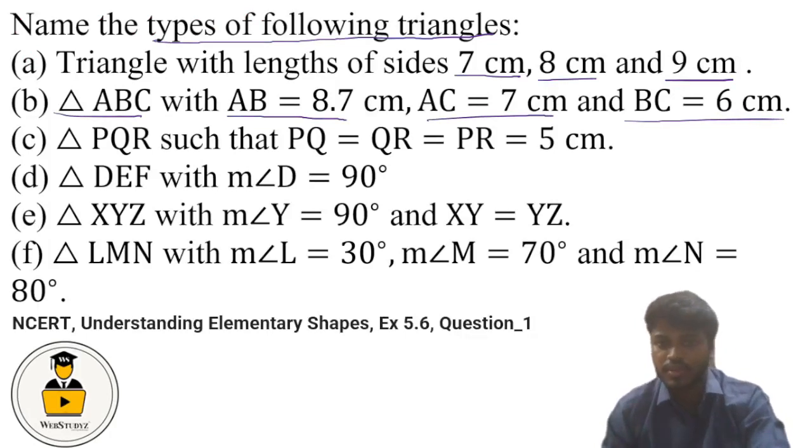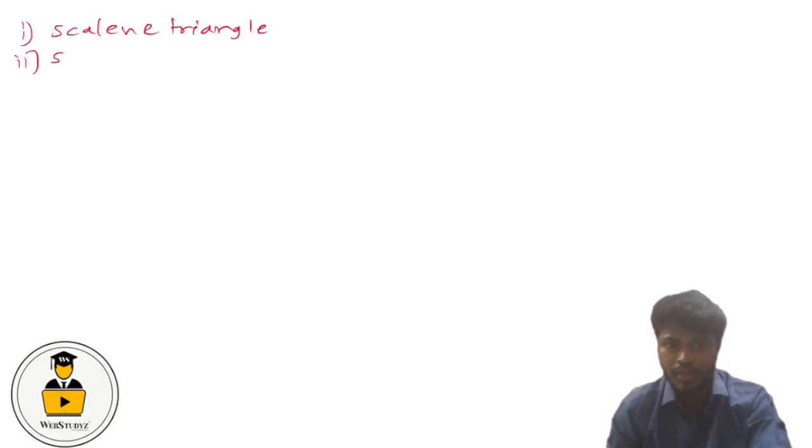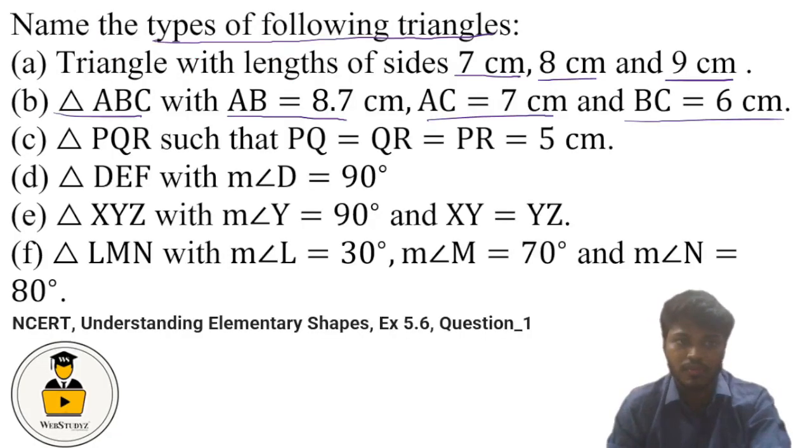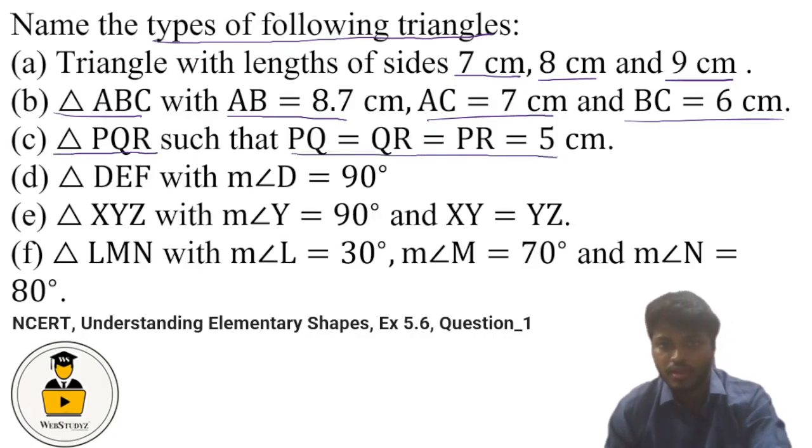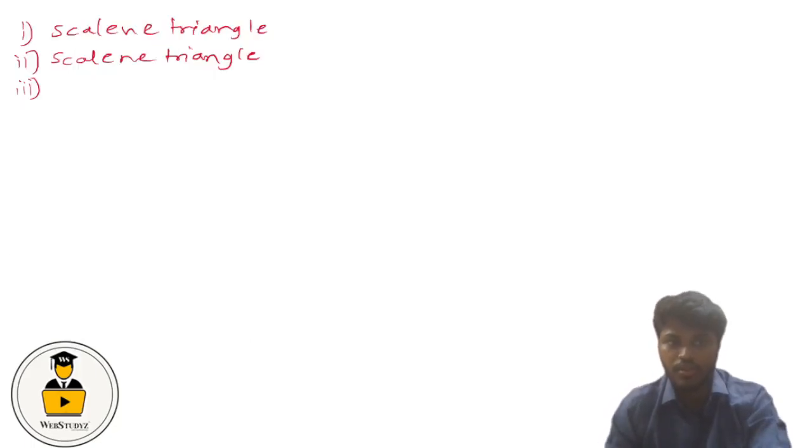So again, we can say that all the three sides are of different length. So it will be again the example of scalene triangle. Now let us look at the third question. We have a triangle PQR such that all the three sides of a triangle are equal and it is equal to 5 centimeter. So therefore it will be an example of equilateral triangle.